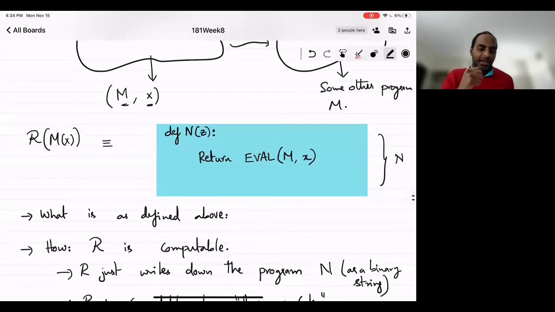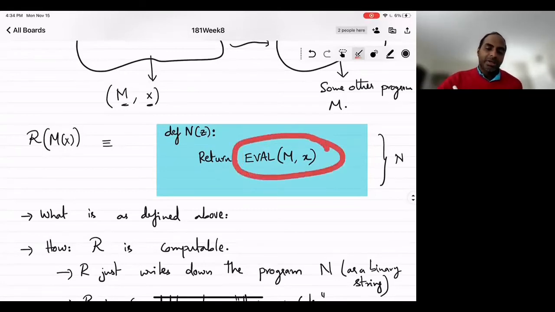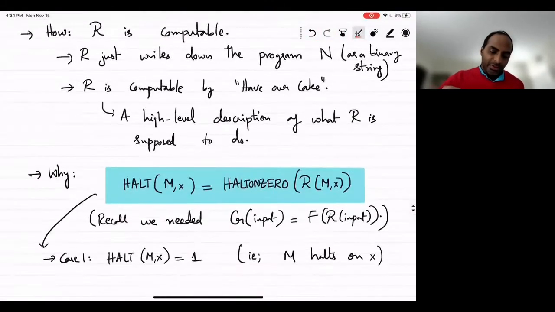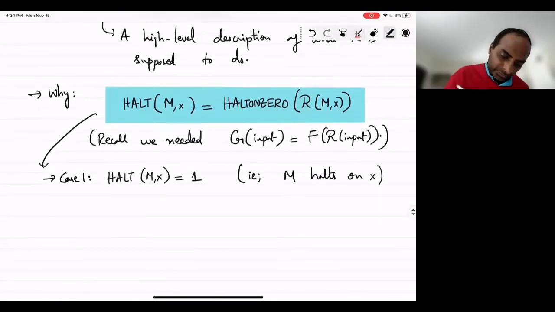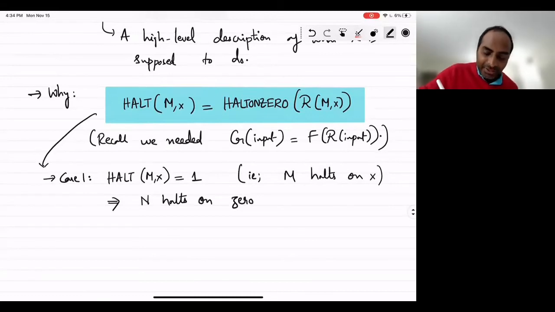What happens when M halts on X? When I run N, that corresponding program is going to halt on all possible inputs, because N just completely ignores its own input and runs M on X. So its behavior is oblivious to its own input, but it only depends on what's happening here. So this implies N halts on 0.